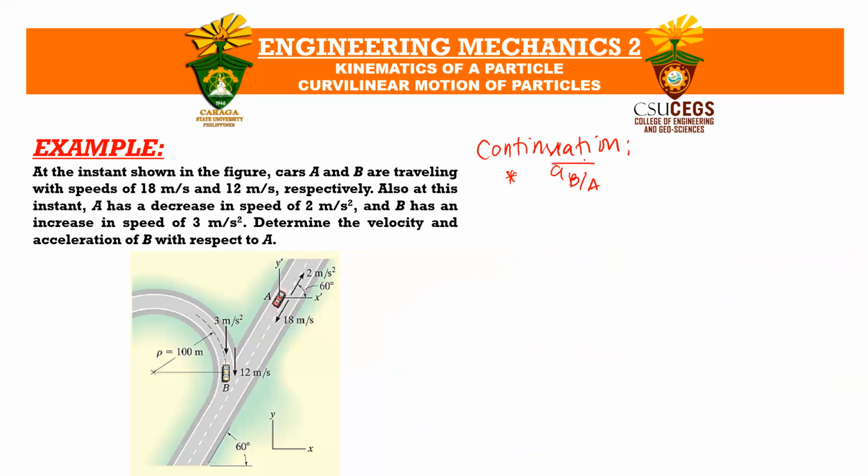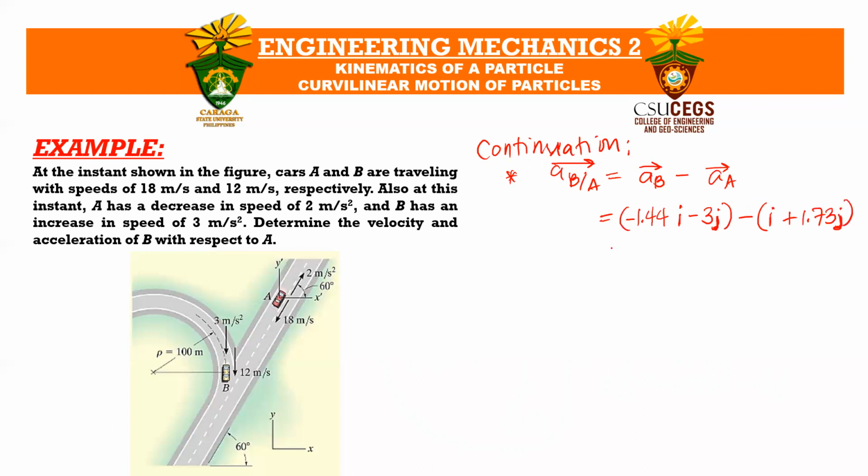So a subscript B/A is equal to a subscript B minus a subscript A. The acceleration of car B is negative 1.44i minus 3j, minus the acceleration of car A, which is i plus 1.73j.